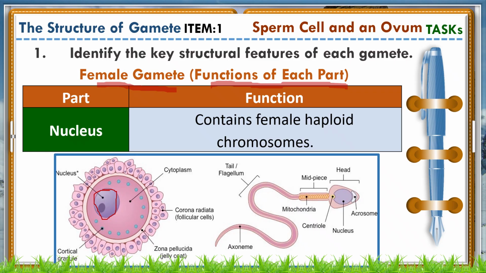This is the nucleus of the female part, and this one contains the female haploid chromosomes. So the chromosomes in the female gamete are found in the nucleus.